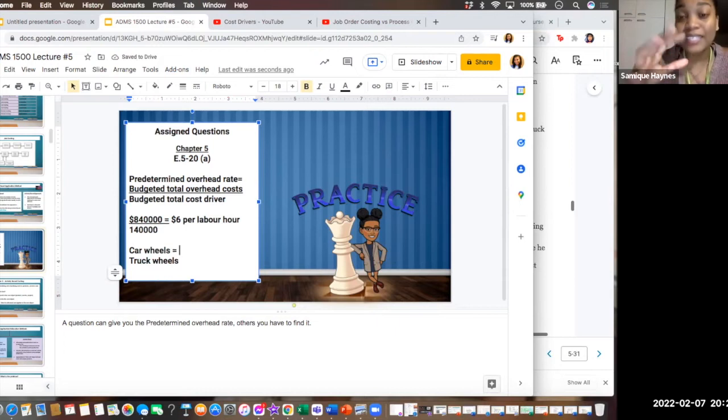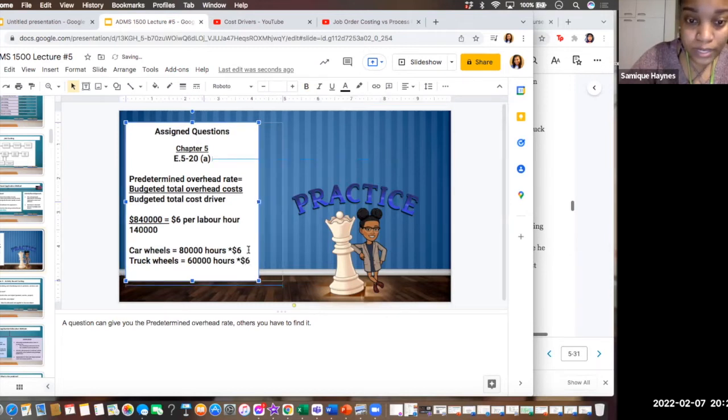Because remember, it says $6 per labor hour. So how many hours did car wheels use again? 80,000 hours. And how many hours did we use for trucks? 60,000 hours. So we're gonna multiply these hours by the predetermined overhead rate. So that's times $6, times $6.